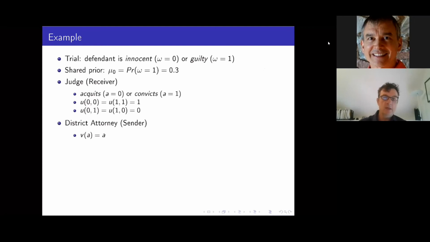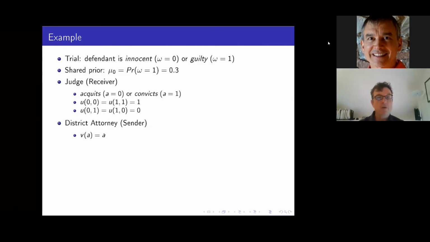The utility is matching state with action. And so in the absence of any additional information, or any investigation whatsoever, the prior is sufficiently favorable to the defendant that he's going to be acquitted. The probability that he's guilty is below 1/2. Therefore, in the absence of any information, it's optimal for the judge to acquit the defendant.